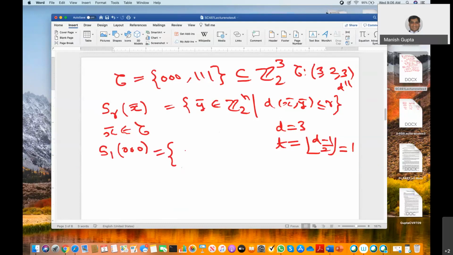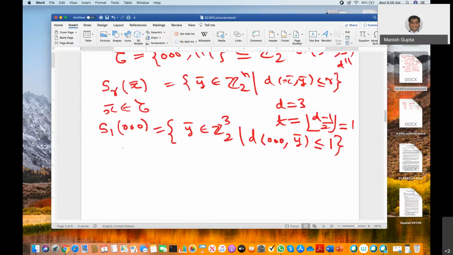By definition, it is all those vectors y in Z2 raised to the power 3 such that the distance between 000 and y should not exceed 1. I can write down all the vectors of Z2 cubed: 000, 100, 010, 001, 110, 101, 011, and 111.